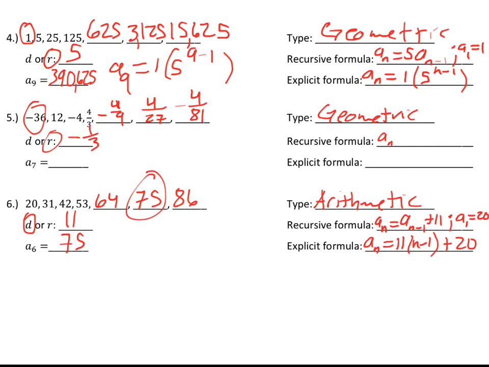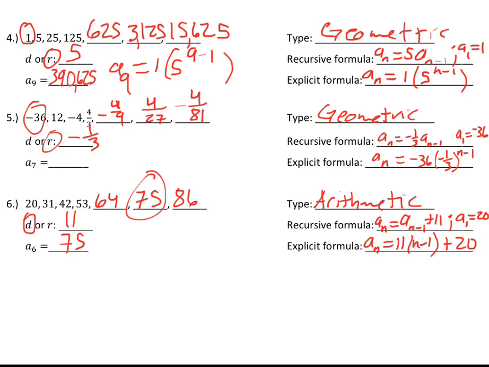So every term is equal to -1/3 times the previous one, and your initial value is -36. So there's that. The explicit formula, every number is equal to -36 times -1/3 to the n-1 power.